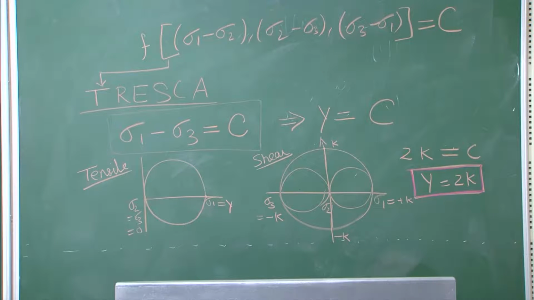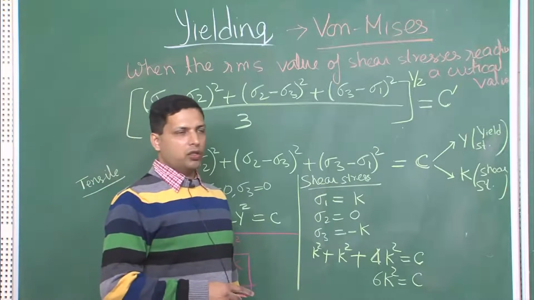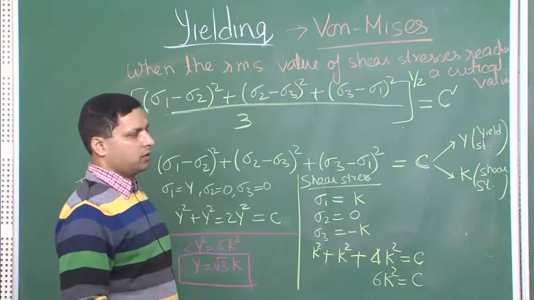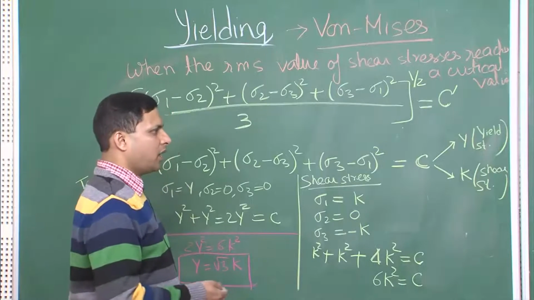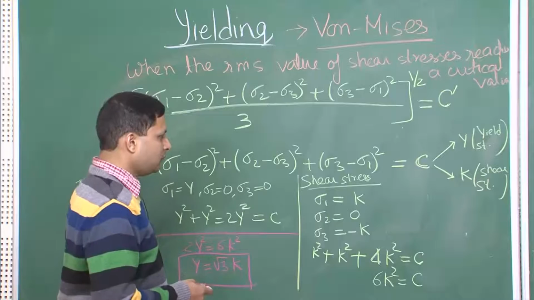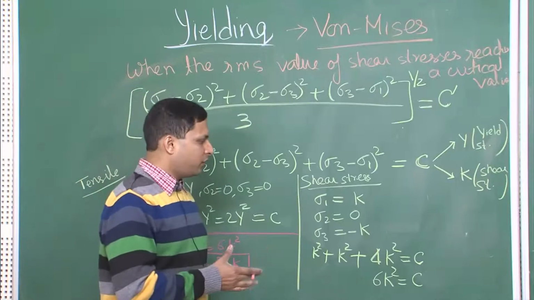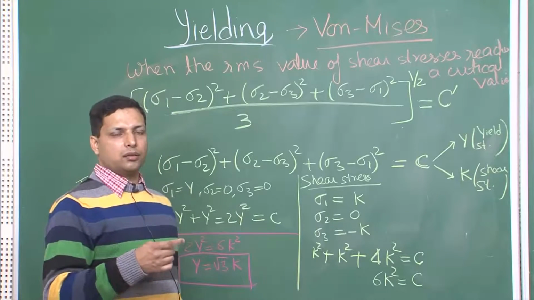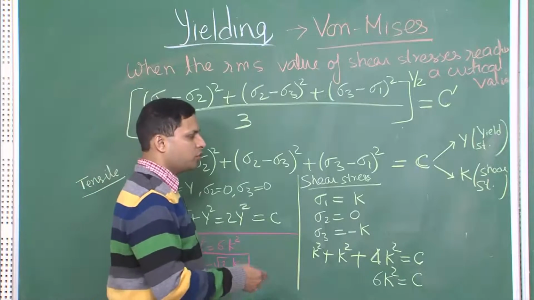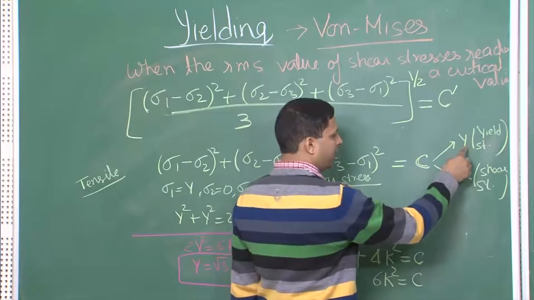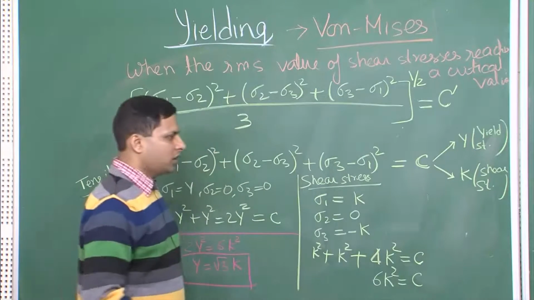So, these are two of the most widely used criteria to describe the onset of plasticity under different multi-axial stresses. And the best part of it is that you are able to define the onset of plasticity in terms of a property which is very easy to extract, like the yield strength or the shear strength.